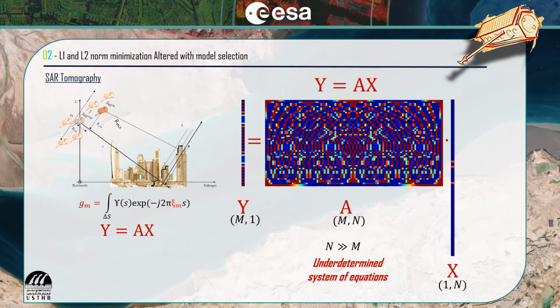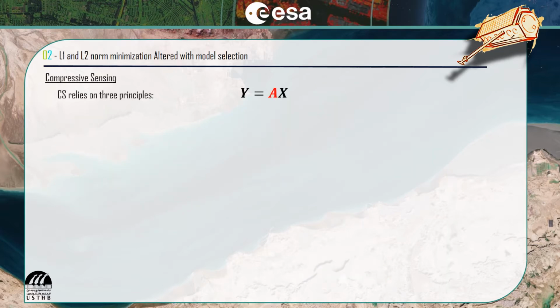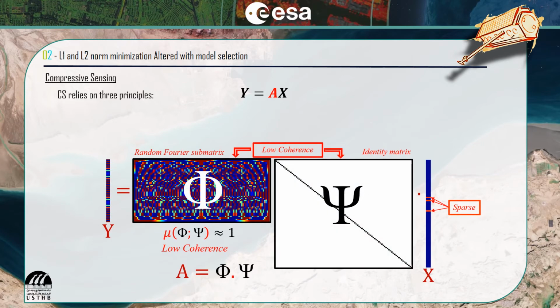Due to the small number of acquisitions provided and the number of samples to reconstruct, this system of equations becomes underdetermined. The use of compressive sensing can help with the reconstruction of the reflectivity profile from the previous equation by relying on three principles: the sparsity of the signal, the coherence of the matrix A, and the restricted isometry property, which guarantees sufficient sparse reconstruction in the presence of noise.